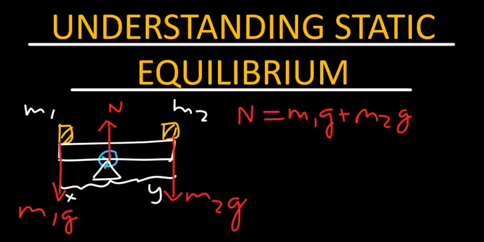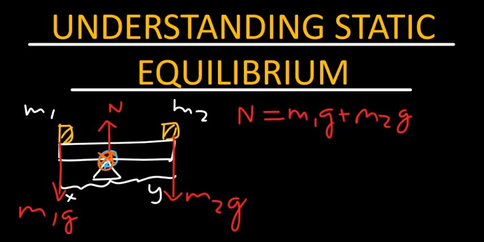Now let's look at the second condition of static equilibrium involving torque. Now we can evaluate torque about any point you want, because in this case there is no rotation involved. So let's evaluate the net torque acting about that axis where the support is holding the beam.